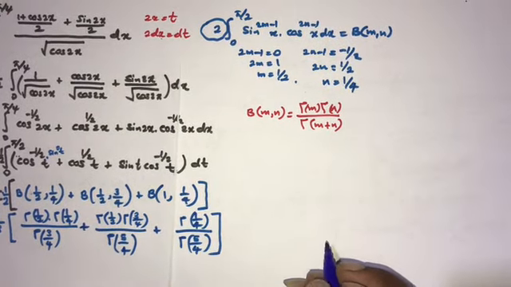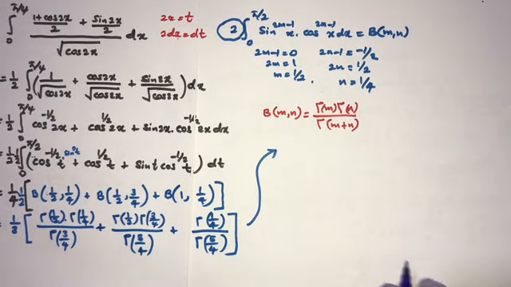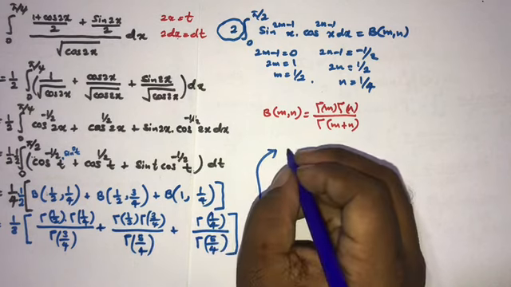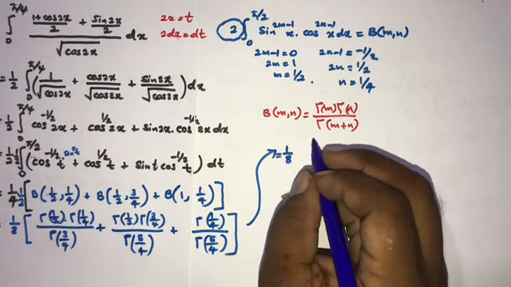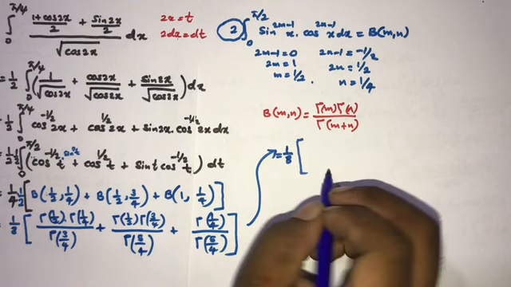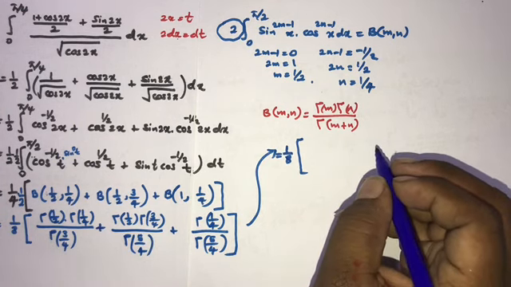We can still simplify. So here we can write now 1 over 8. Now we know the gamma of 1/2 value, a well known value, square root of pi.